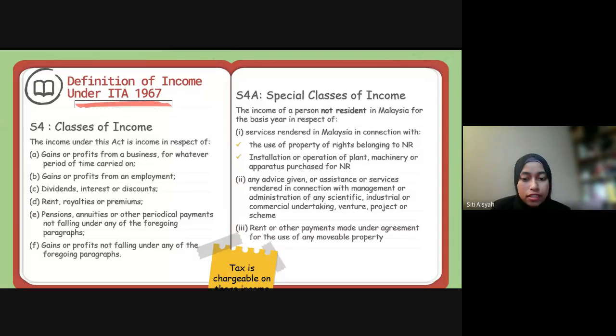F serves as a residual section to catch all miscellaneous income, which refers to one-off receipts.